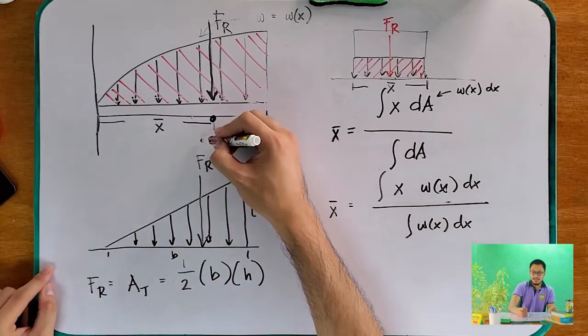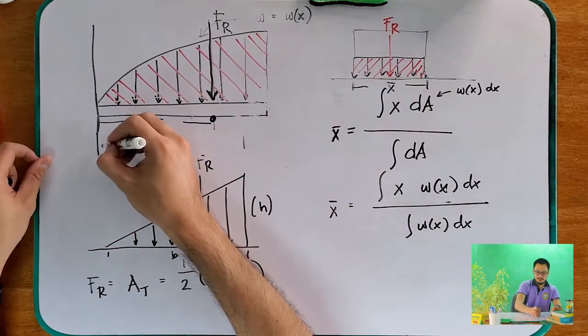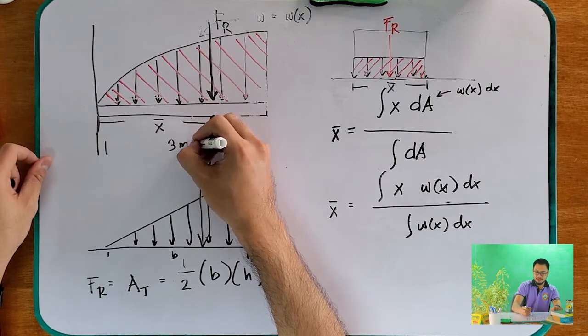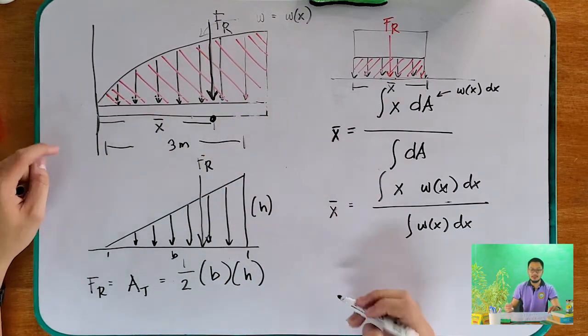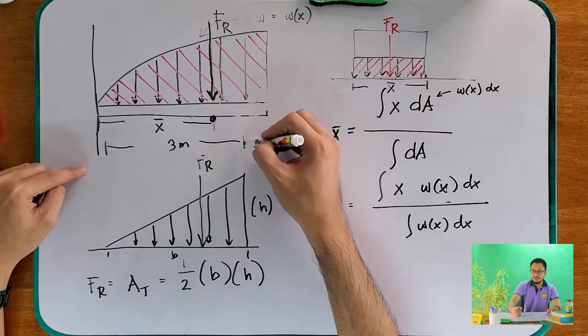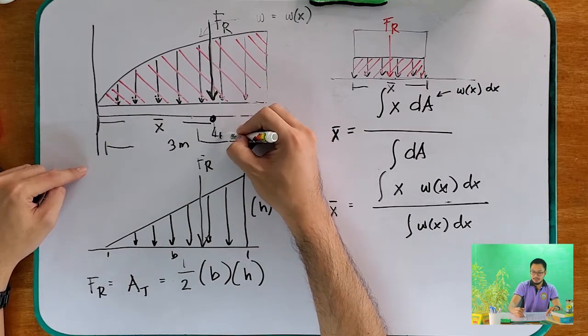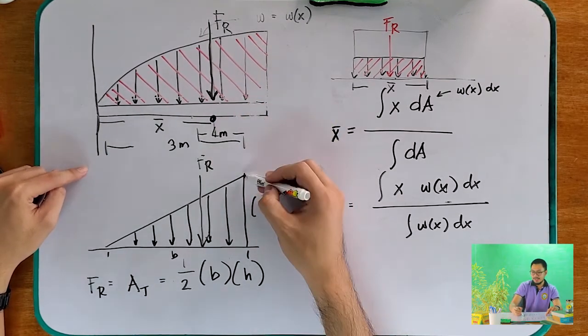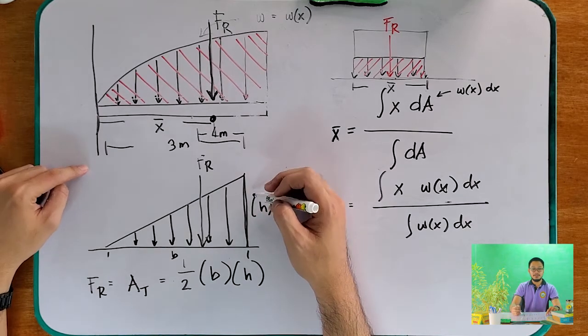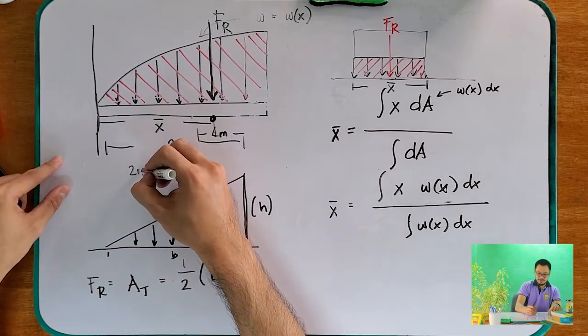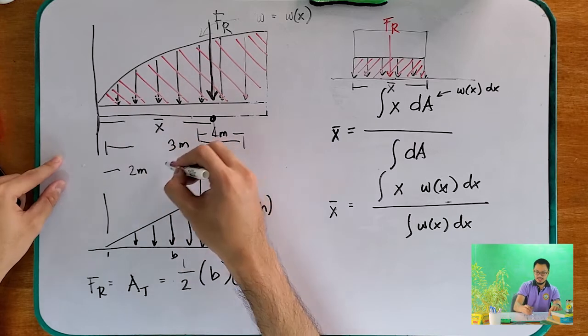Always take note, we have this rule. It acts, if this is 3 meters, always take note that your FR is always acting 1 meter from the largest end and 2 meters from the smallest end.